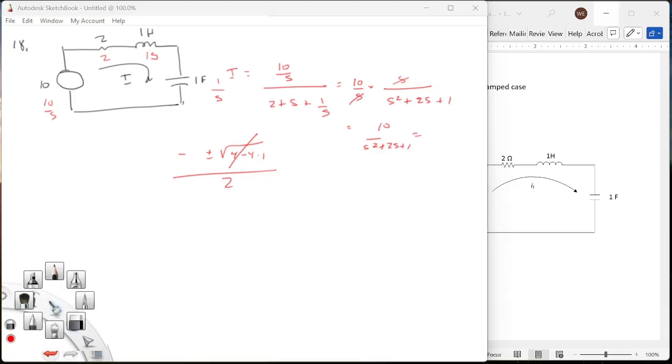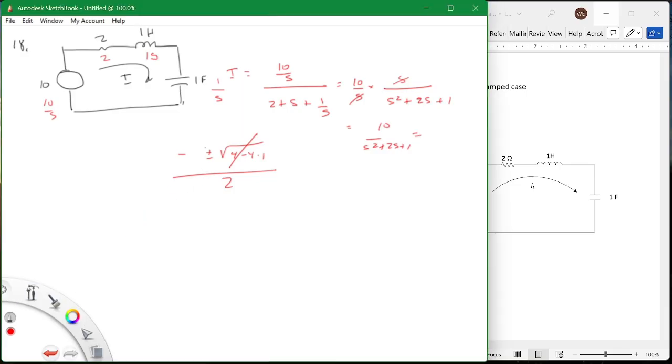What is the quadratic equation? Okay, write that on your sheet. S equals minus b plus or minus the square root of b squared minus 4ac. So what is S equal here?